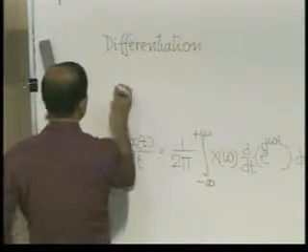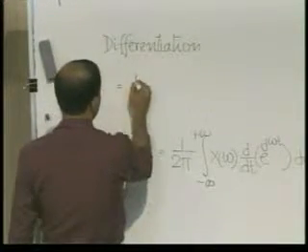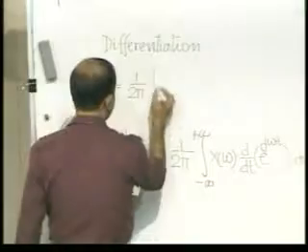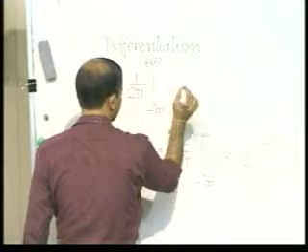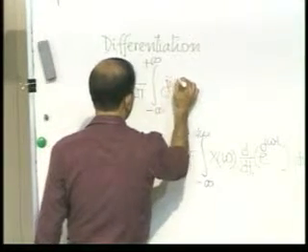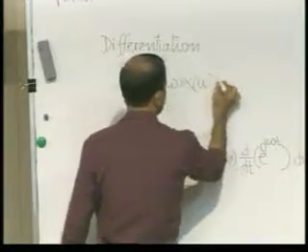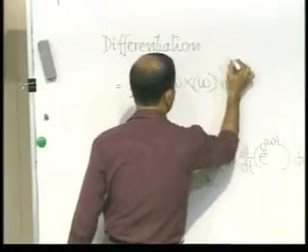So, this becomes 1 by 2 pi integral minus infinity to plus infinity j omega times X of omega e raised to the power j omega t d omega.